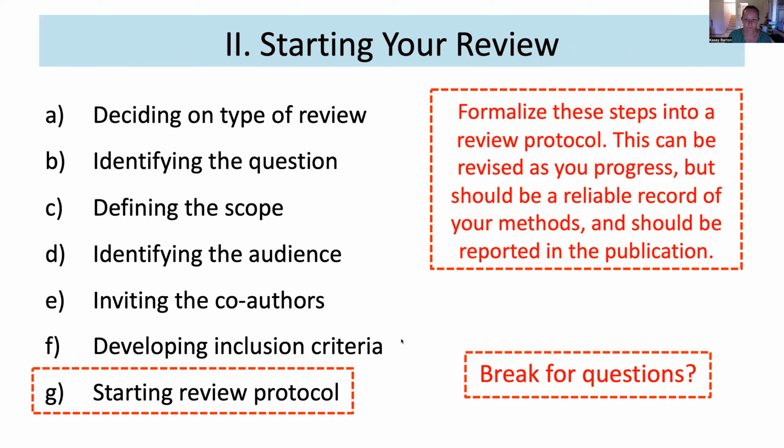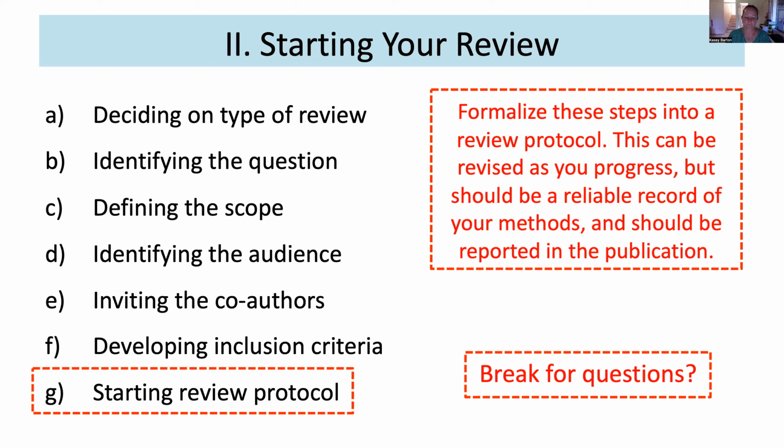Okay, once we have those inclusion criteria set, and we should do this early, then all of this planning process can be formalized in a review protocol. So the review protocol is like the methods section of your review. And actually most even integrative reviews now do expect you to report some or all of these details.